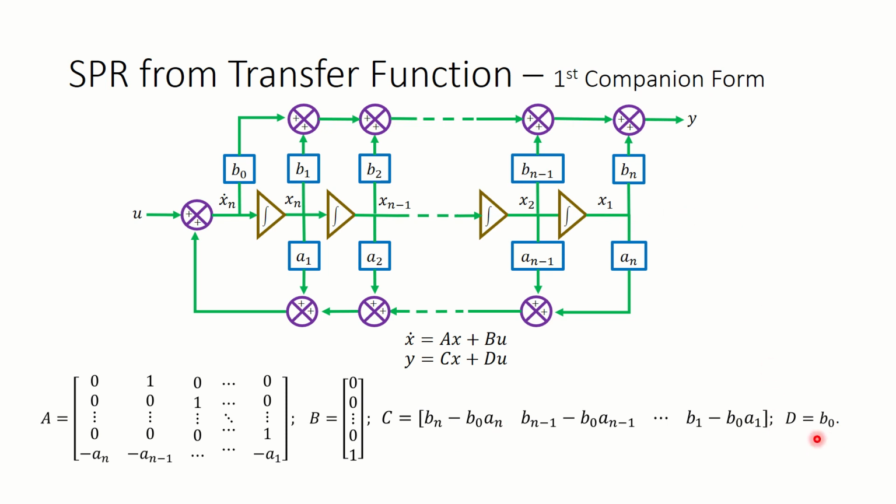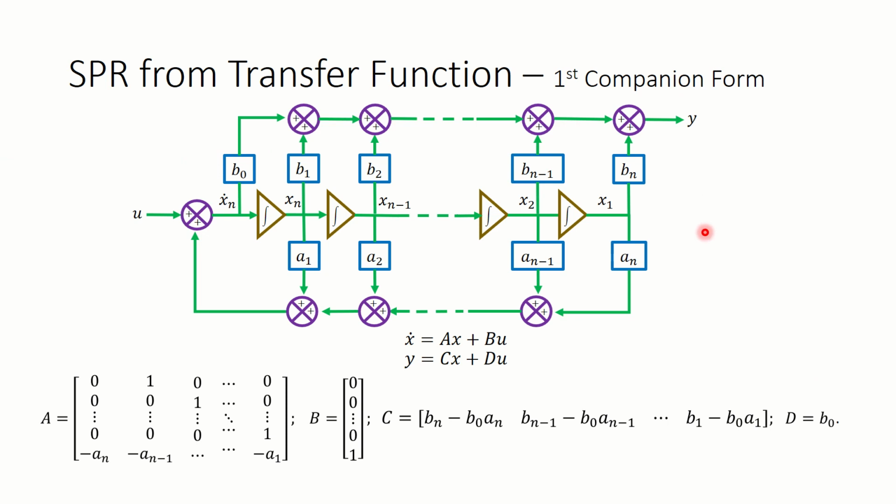Also, one thing we could achieve from this is that u is also getting passed through b0. So D is equal to b0, so u must also get passed through b0 and get added to give y. So this is also happening in this block diagram representation. If we find that it is a strictly proper transfer function, b0 will be 0, so this block would simply be taken out from this block diagram.